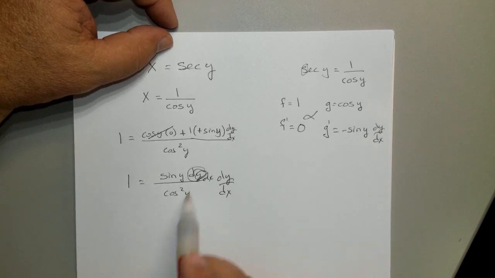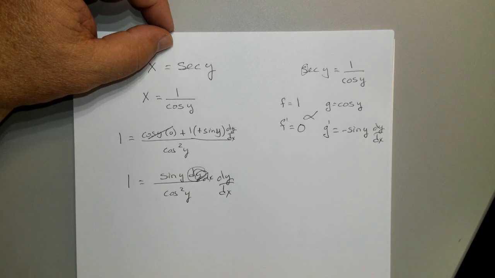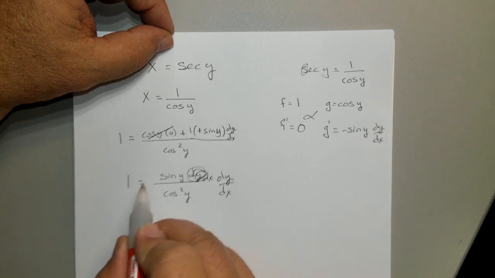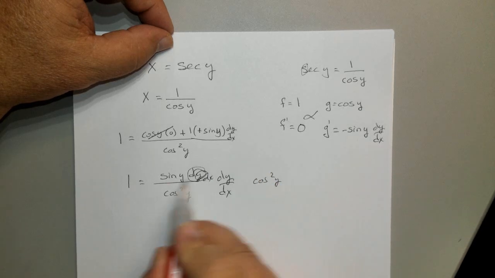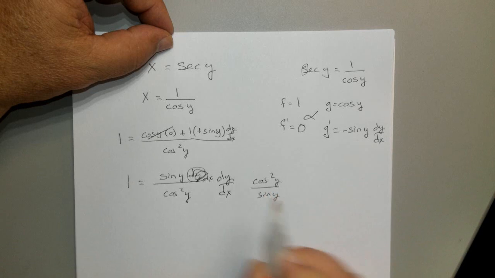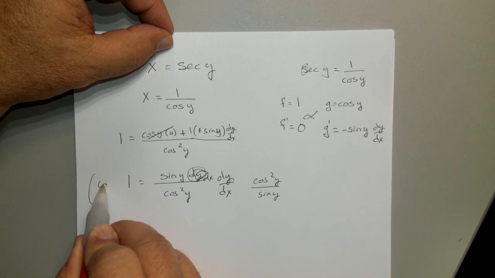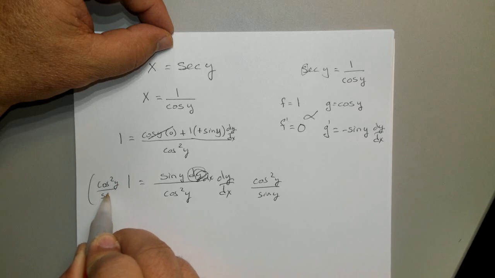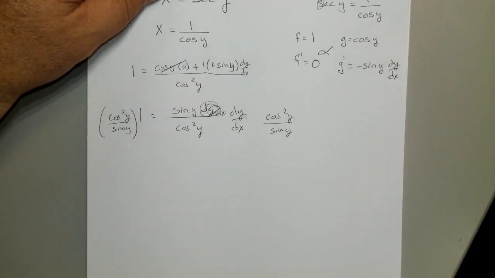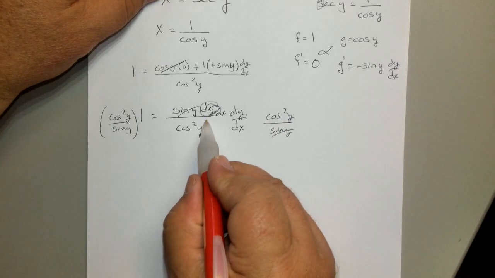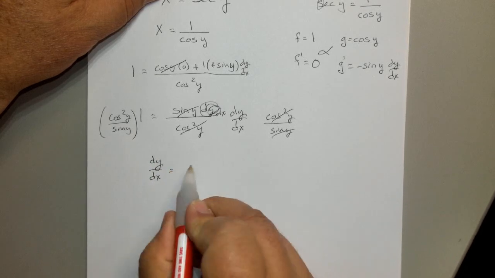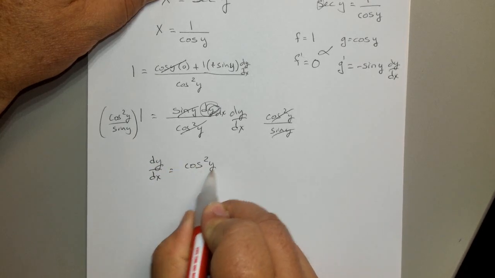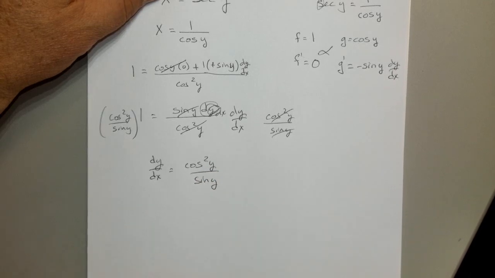How do we get rid of this? I multiply, since they're multiplied, I have to multiply by cosine squared y and divide by sine y, both sides. Let's cancel. Cosine squares cancel. So dy/dx equals cosine squared y over sine y.